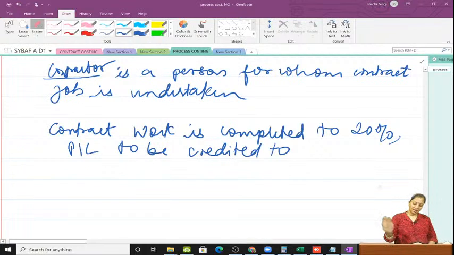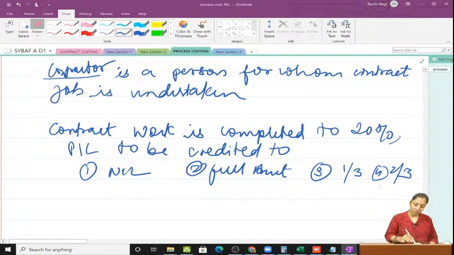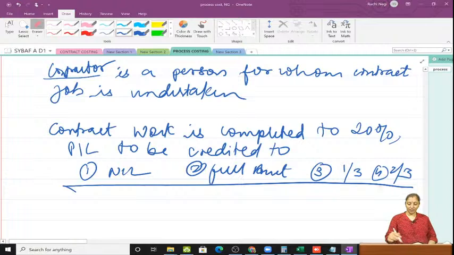I mean, what is the range? Whether it is nil, means 0, or the full amount. This is all part of your 15 marks questions. 1/3 profit or 2/3 profit? ये चारों options आपके formula में आते हैं. So which is the probable right answer? If contract work is completed to 20%, how much amount should be credited to P&L?